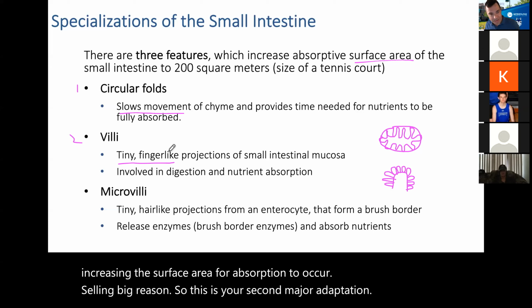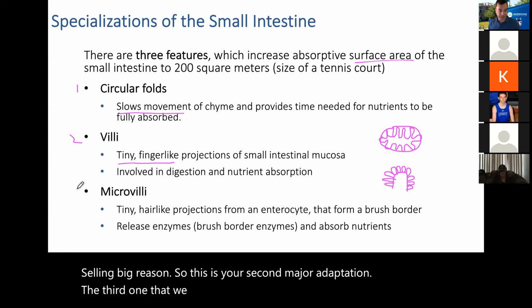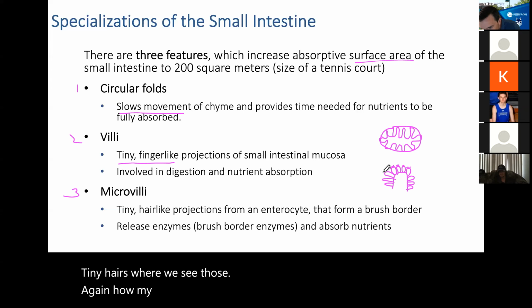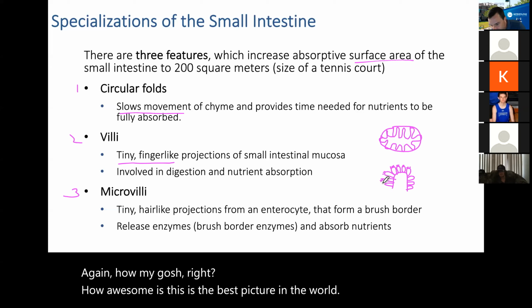The third one that we have here in the small intestine are microvilli, tiny hairs. Where do we see those? Again, oh my gosh, right? How awesome is this? This is the best picture in the world. I think my 8-year-old could draw better than this.